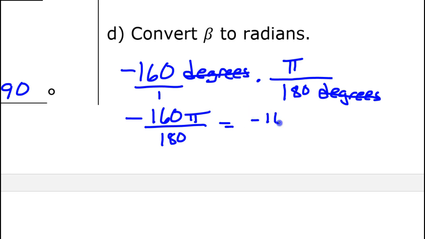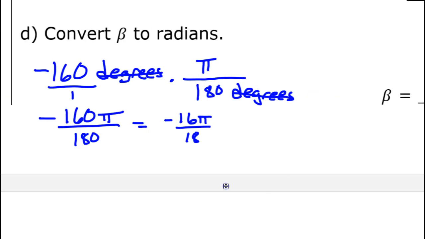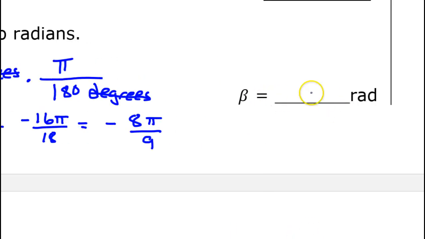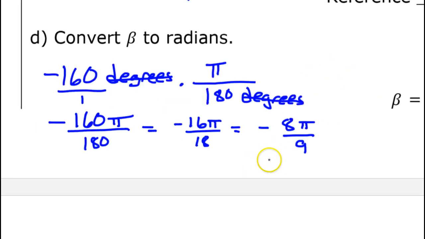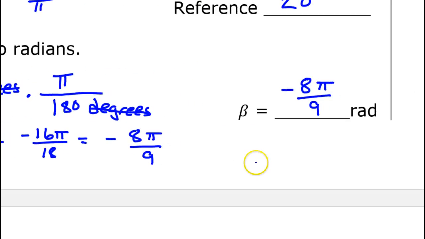That gives me negative 16 pi over 18. Both of these are divisible by 2, so that gives me negative 8 pi over 9. And that's as far as we can go. So in radians, I have negative 8 pi over 9. Alright, that's going to do it for this video. I hope it was helpful. I will see you on the next video.